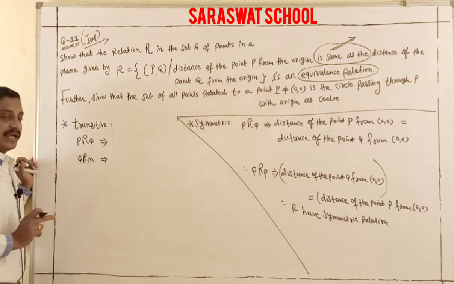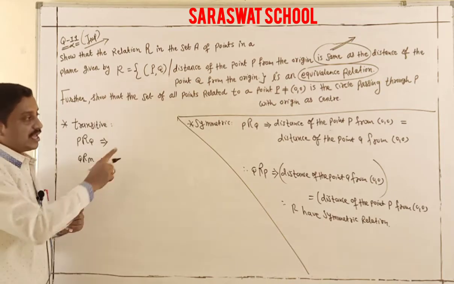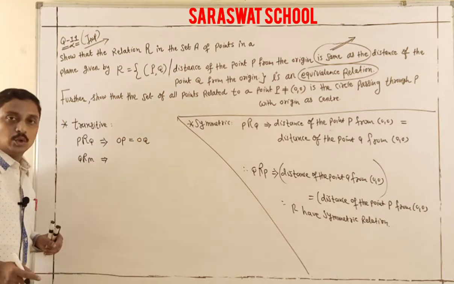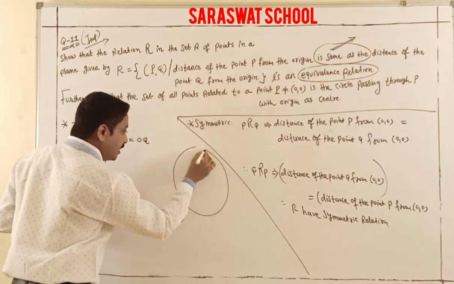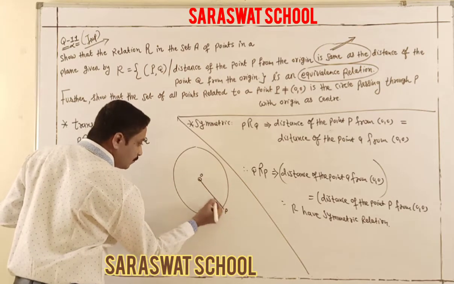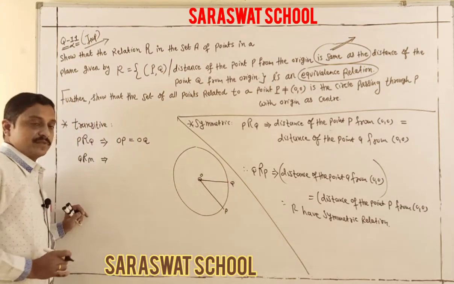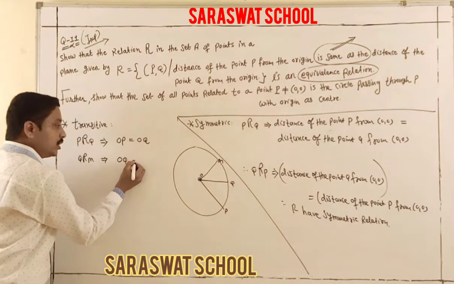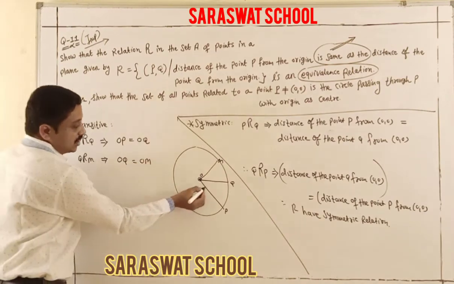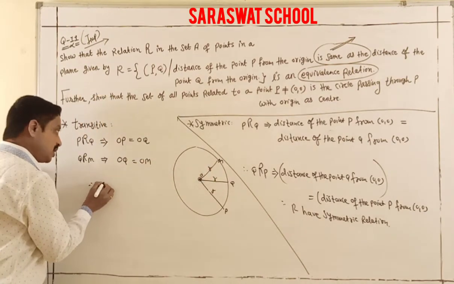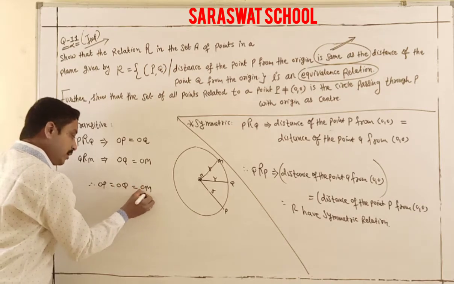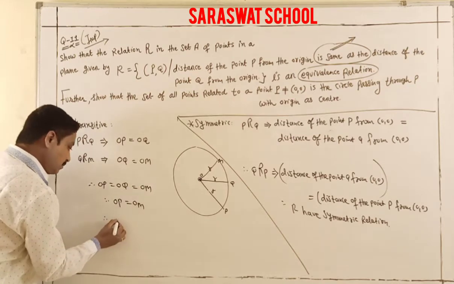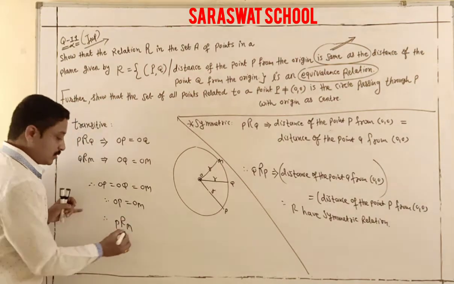And thereafter P to M I check. So here, P to Q? Yes, this distance O to P is equal to O to Q. O is the center of this circle. This time I write it as a shortcut. Here O to P, O to Q, this is given already. Next Q to M: the next point is M here. So O to Q is equal to O to M. These are all the same. So we can say OP is equal to OQ is equal to OM. So can we write OP is equal to OM? Yes. Therefore, lastly, P relation M is defined.